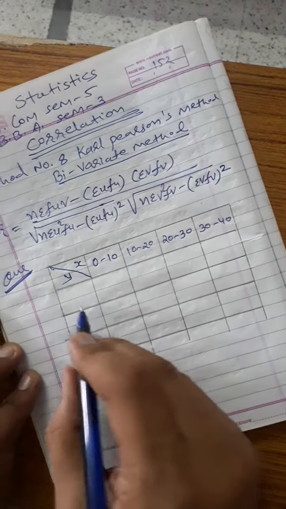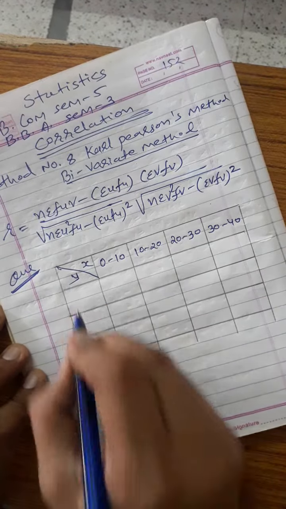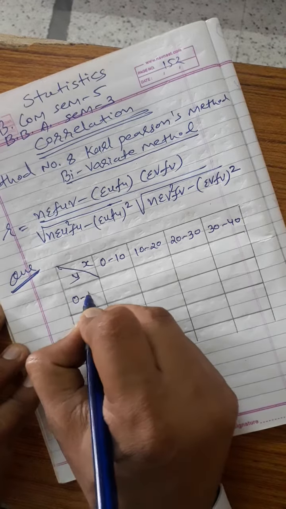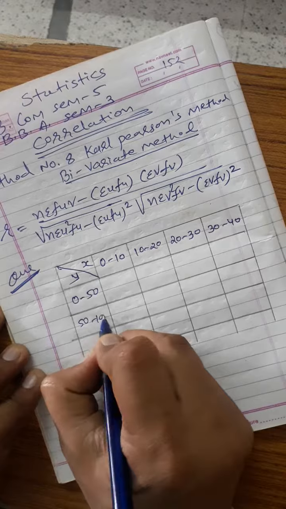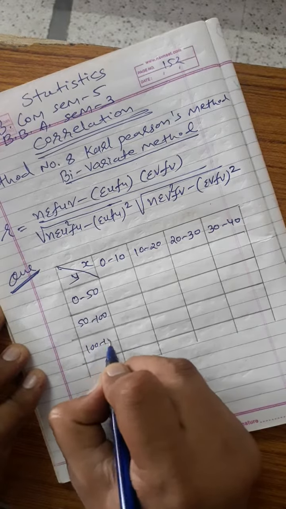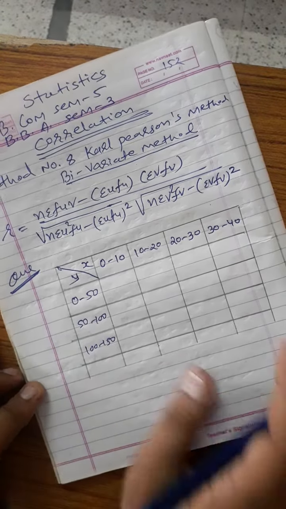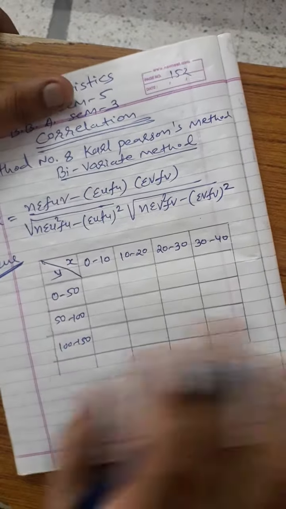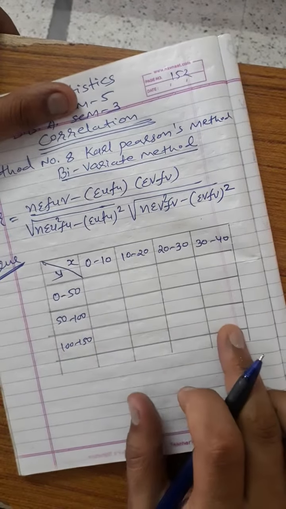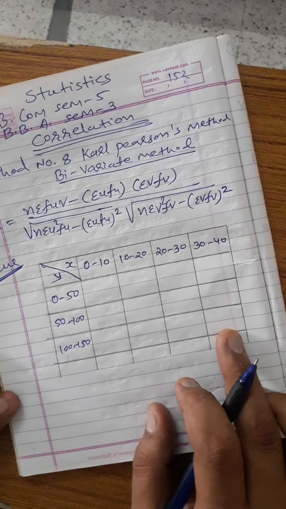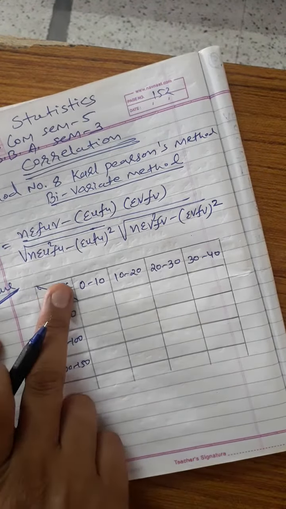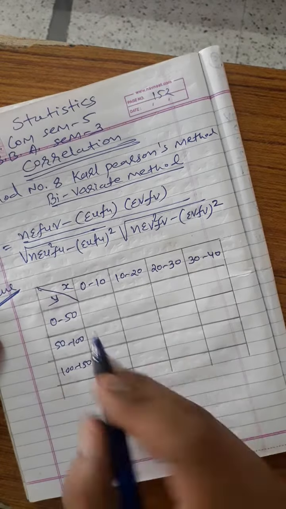And in the y, only three classes are given: 0 to 50, 50 to 100 and 100 to 150. It is called a bivariate table, because it gives two pieces of information, x and y.